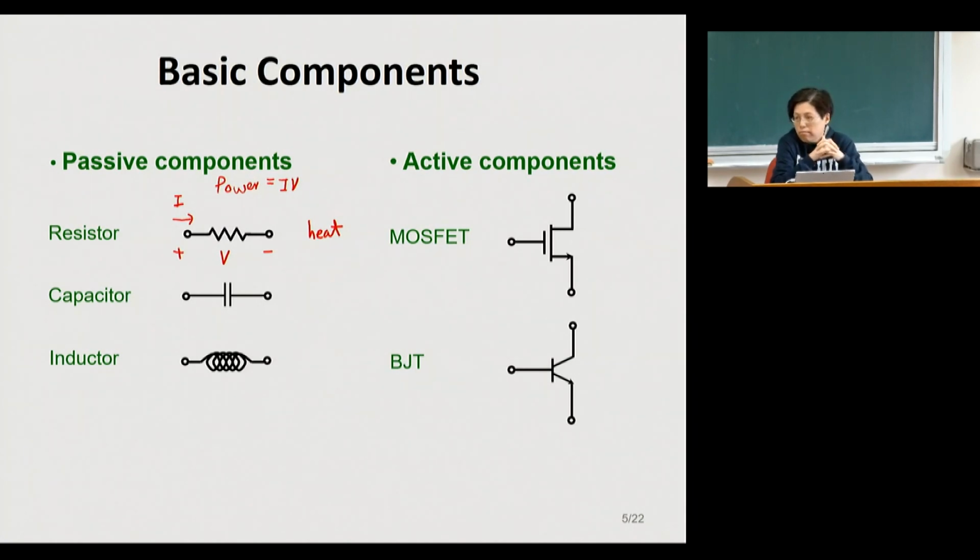So what happens in capacitors? If I charge up a capacitance, there will be Q plus and Q minus on a parallel plate capacitance. So where does the energy go? The electric field, correct? It is stored in the electric field.